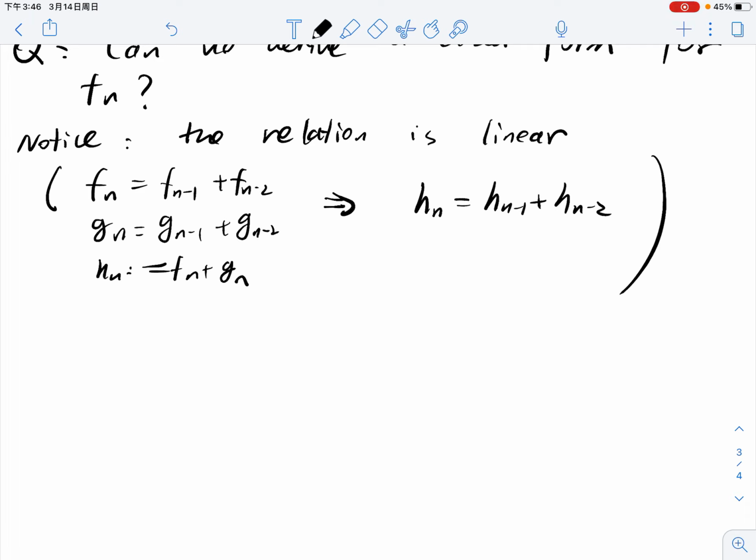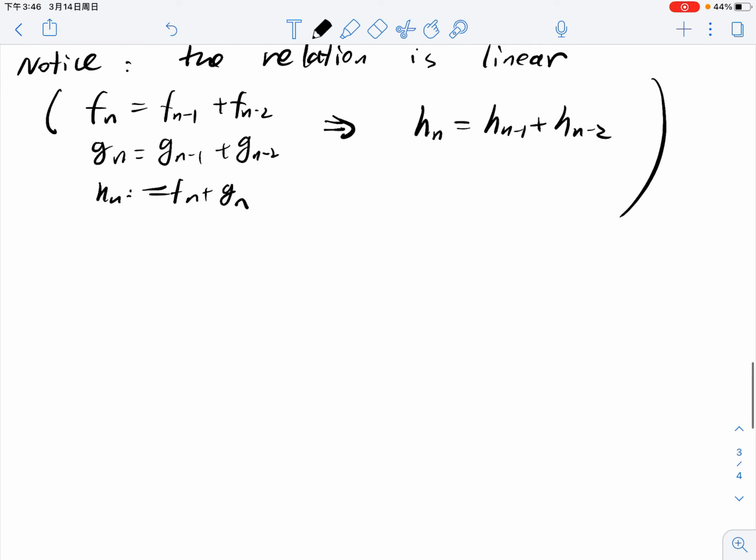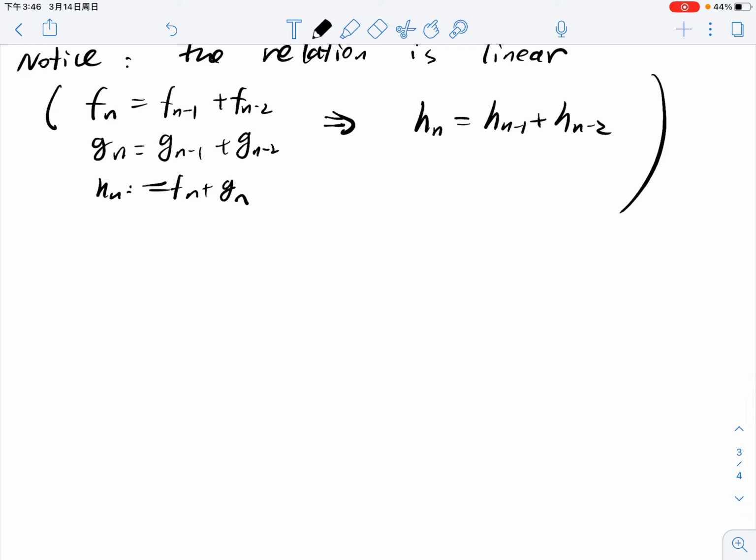Just like if you learn a little bit of Fourier analysis, you know that the reason why Fourier analysis is useful for linear systems is because it's also additive. You can add something together, which is still a solution. Of course, this is not true for nonlinear systems. That's why nonlinear systems are quite hard for us to understand.